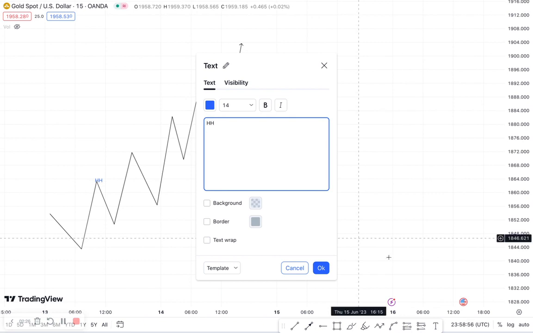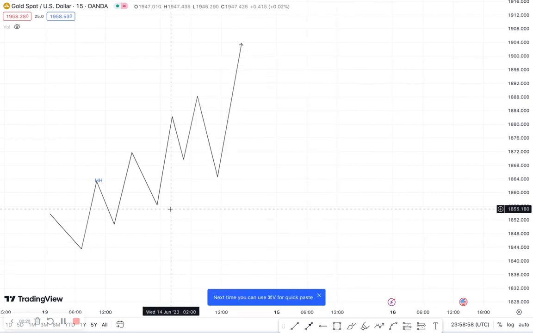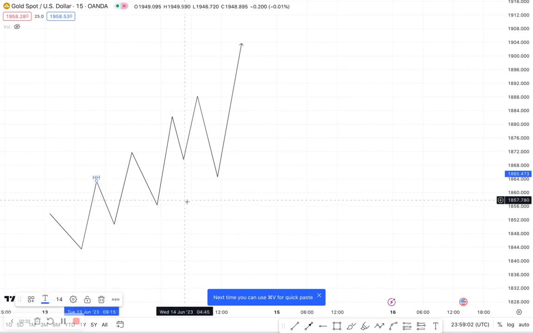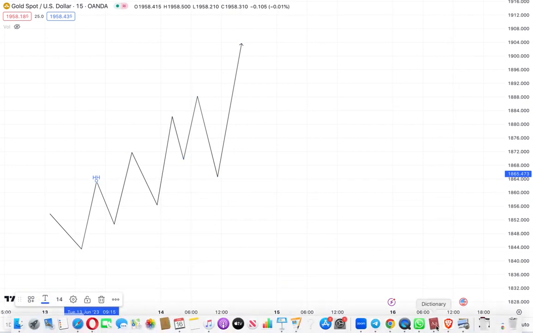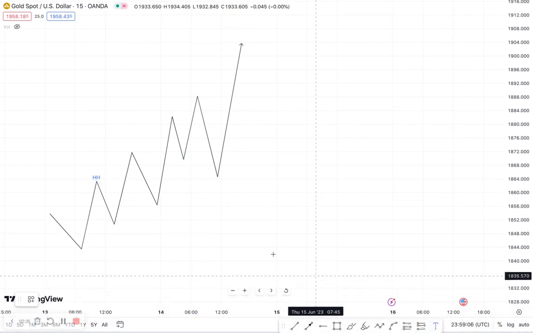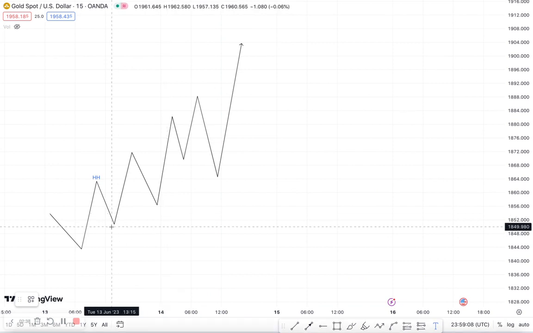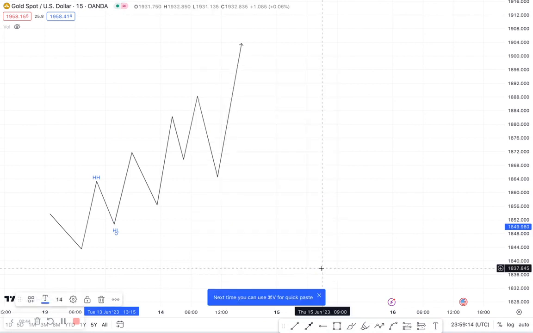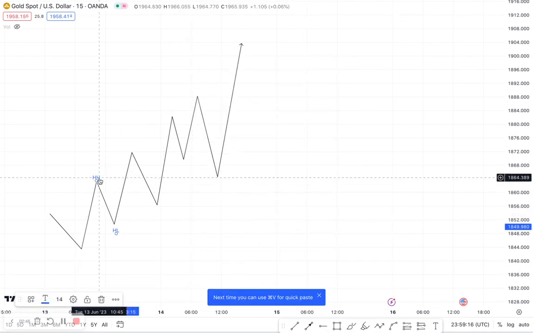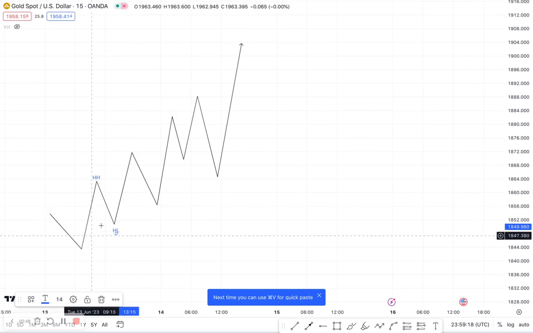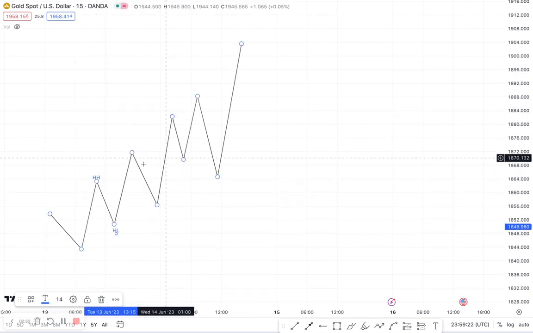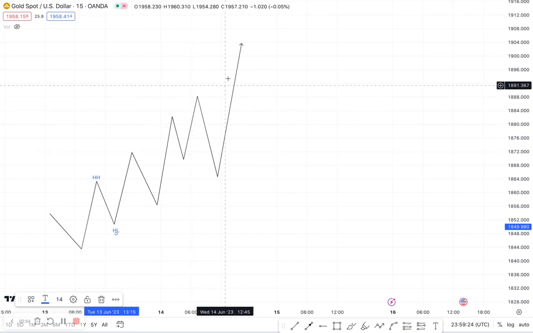And this is our HL. HL simply means higher low. So in this situation, we can see the market is moving up. Just by looking at this chart, you can notice the market is moving up.